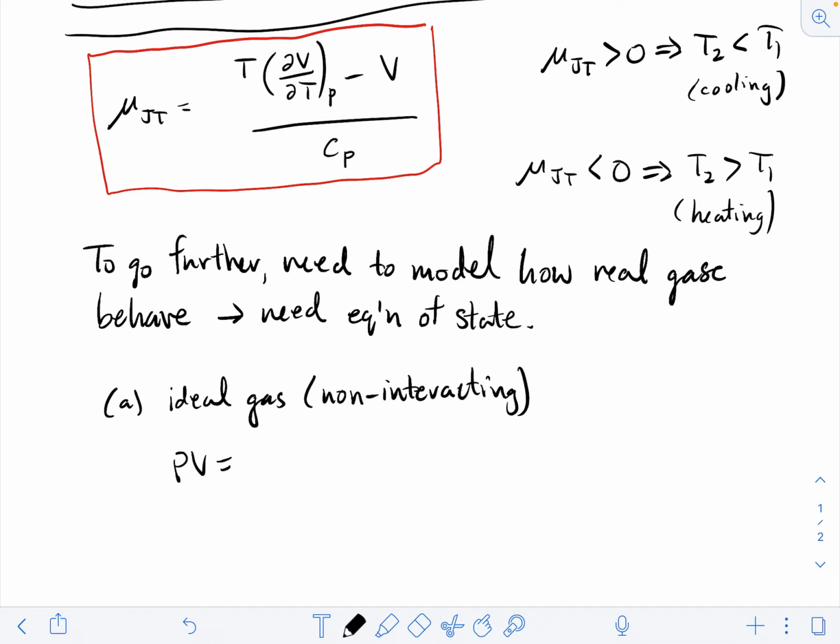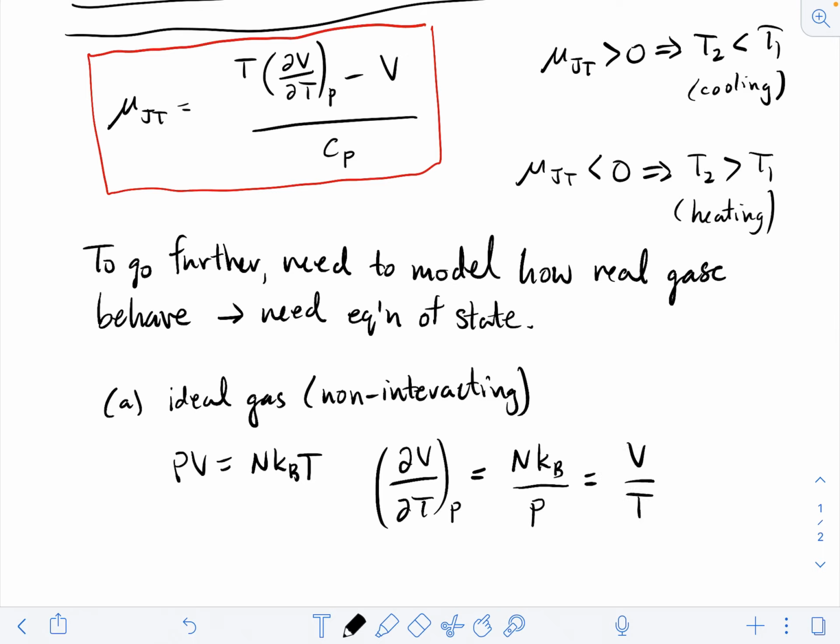Okay, so we know the equation of state is PV equals NkBT. And so if we wanted to evaluate this derivative, the partial derivative of volume with respect to temperature, we divide by P, then we take the temperature derivative, and we would get NkB over P. But of course, going back to the equation of state, NkB over P is just equivalent to volume over temperature.